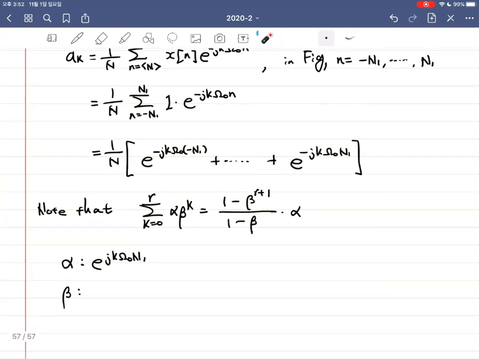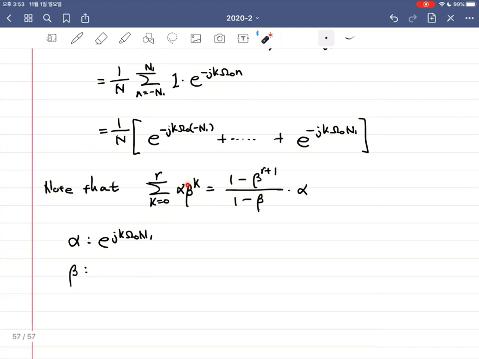The next term is minus n1 plus 1. So if you treat n as minus n1 plus 1, then it means you're multiplying by e to the minus jk omega 0 compared to the first one. So this beta here becomes e to the minus jk omega 0.